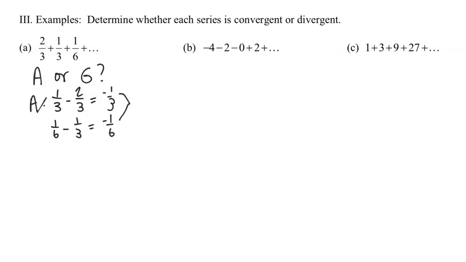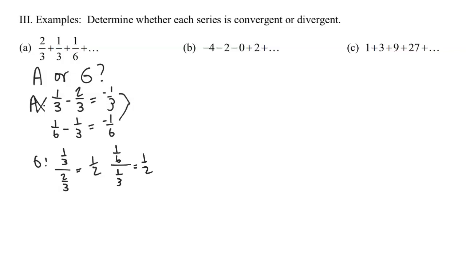Okay, so is it geometric? Well, we need to double check that by seeing if there is a common ratio. That means that I would take any term and divide by the previous term. In that particular case, if I do 1/3 divided by 2/3, that will give me 1/2. If I take 1/6 and divide by 1/3, that is also going to give me 1/2.